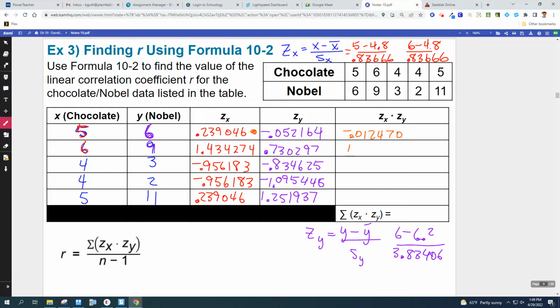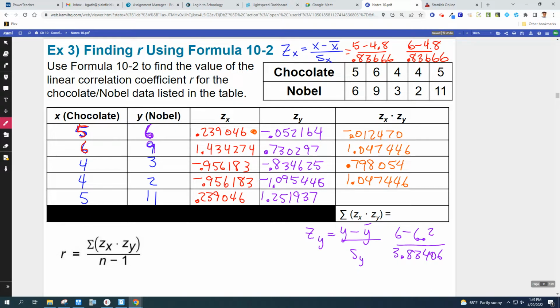And the next one, 1.047446. And then 0.798054. 1.047446. Strange to me that I got a duplicate number.